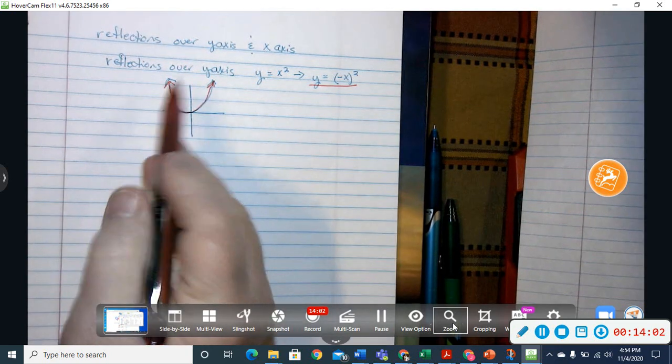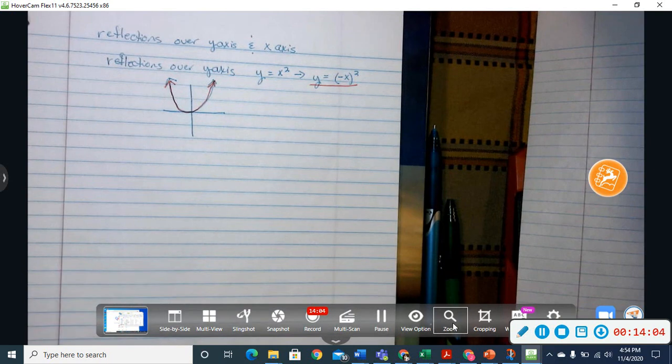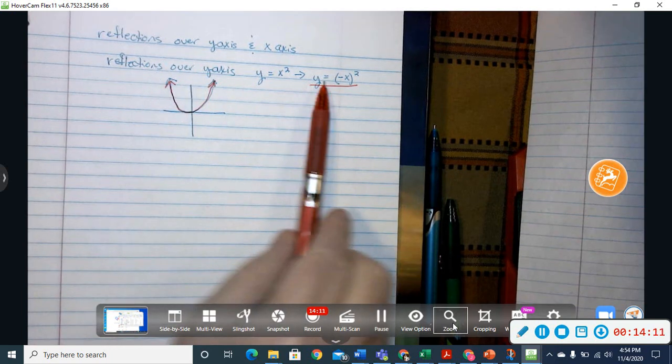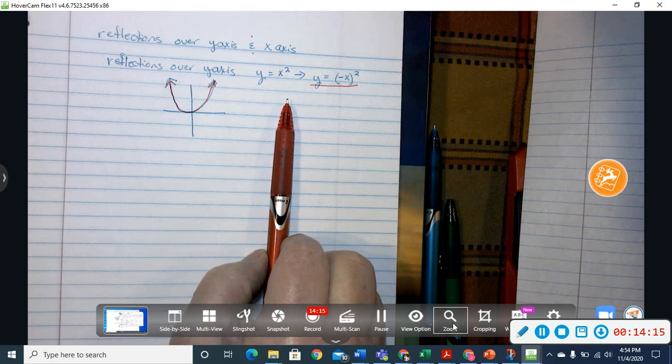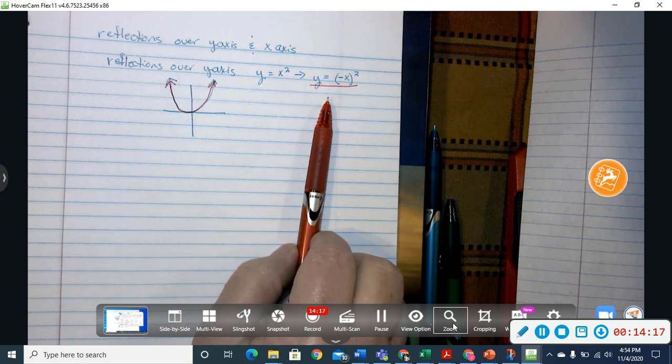That reflection, because it is symmetric, puts the graph directly on top of the other graph. So a reflection over the y-axis is very difficult visually to see for parabolas.